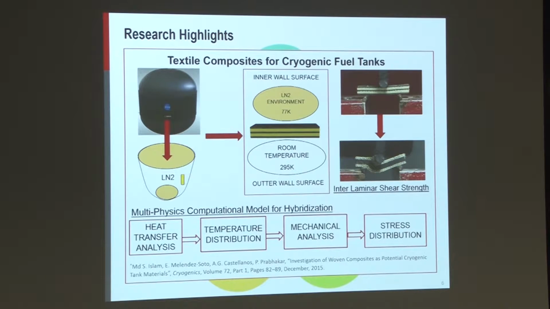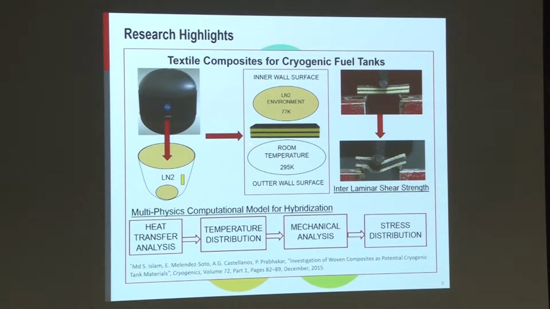And the last that I want to touch upon is textile composites for cryogenic fuel tanks. NASA has been trying for a couple of years now to reduce the overall weight of these cryogenic fuel tanks. And for the first time, we have studied the usability of textile composites for such systems. And there is a huge thermal gradient that exists from the interior to the exterior of the wall.